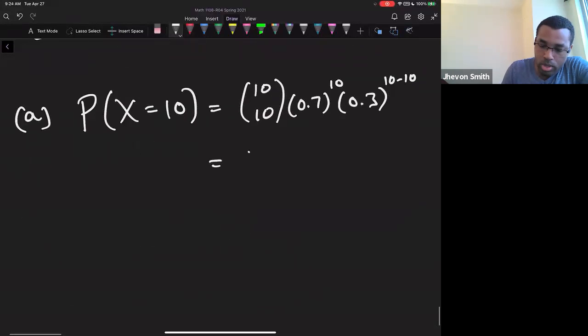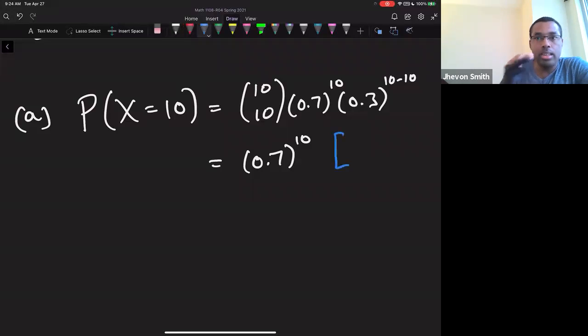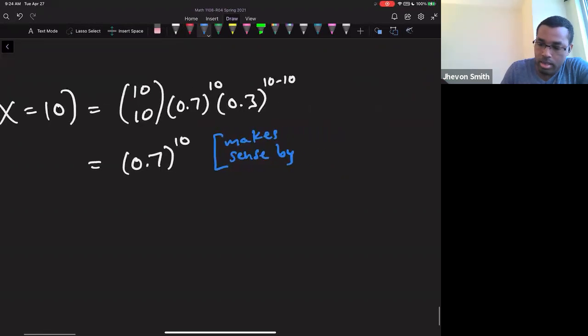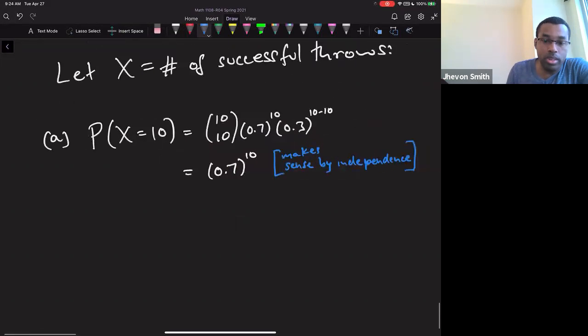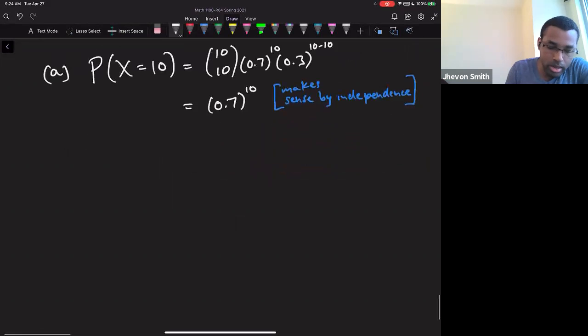You'll notice that equals 0.7 raised to the 10, which makes sense for other reasons, right? 10 times in a row, he makes it 70% each time. You just multiply the probabilities, which makes sense by independence. So you didn't even need binomial for this, but since we already set it up, we can use it.